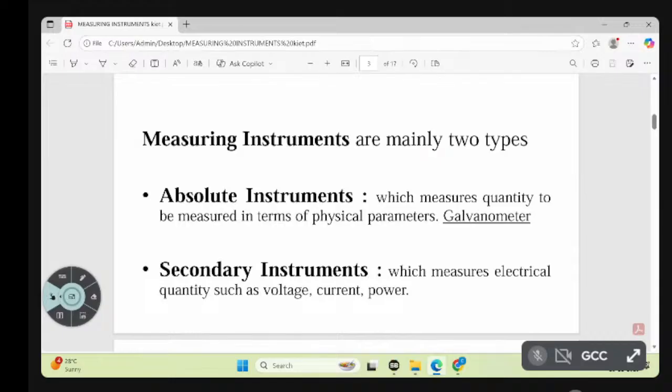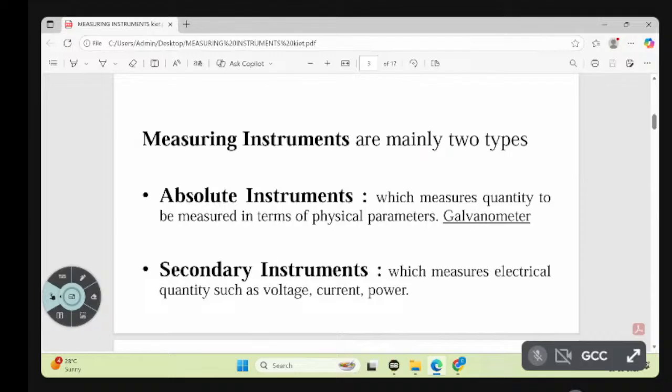Indicating means when you are riding a bike, it shows 50 speed, 60 speed. It is only indicating. Integrating means adding or measuring the quantity with respect to time. Earlier, what was the value of voltage at 12 o'clock?